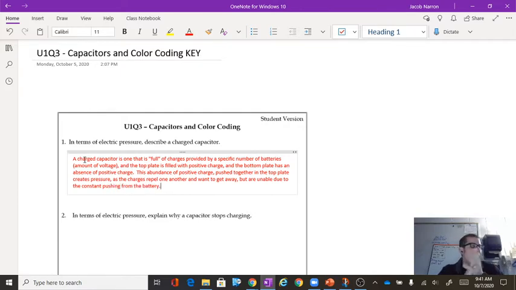And so that's really what happens. You get all these positive charges on the top plate of a capacitor. They want to get away from one another. Like charges repel, but because that battery is pushing them on, they're not able to get away.